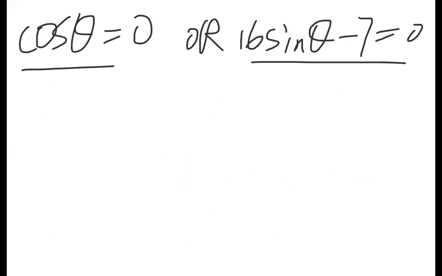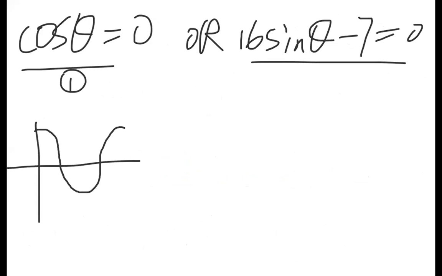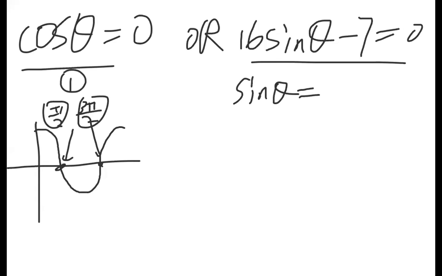To solve the first one, you graph the cosine graph, and you notice there are two intersections with y equal to 0, which is the x-axis, pi over 2 and 3 pi over 2. So these are one set of the solutions for the equation, and the other one is sine theta is equal to 7 over 16.